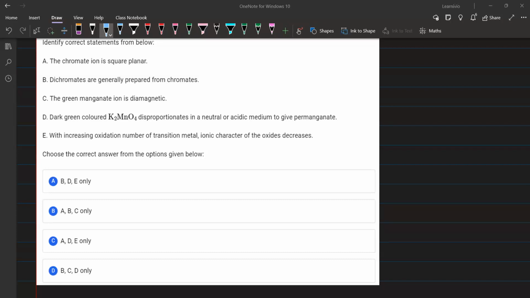This is taken from the text of NCERT itself. If you slightly remember the structure of chromate ion, then you can answer.